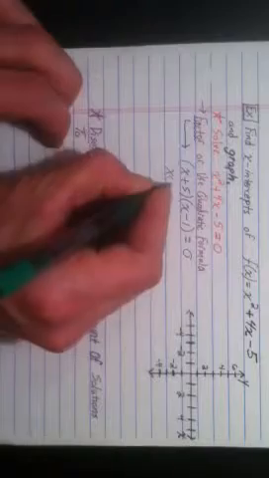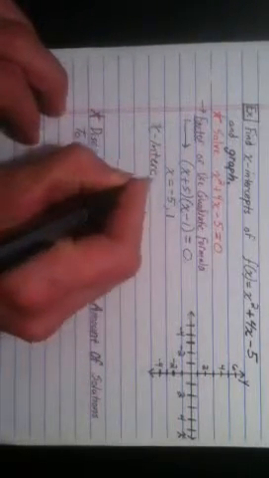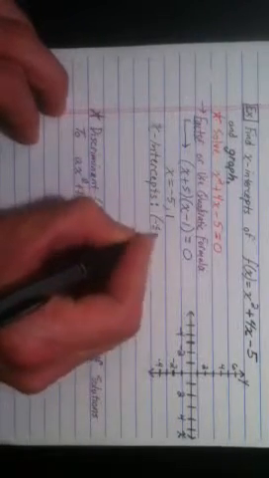So our two x value solutions would be negative 5, to make that parenthesis equal 0, and positive 1, to make that parenthesis equal 0. Because those are the two x solutions for that equation, that tells us our two x-intercepts: the ordered pair (-5, 0) and the ordered pair (1, 0).